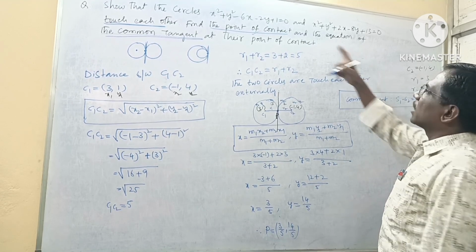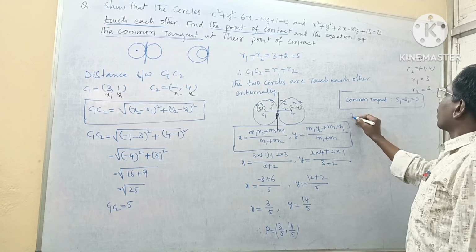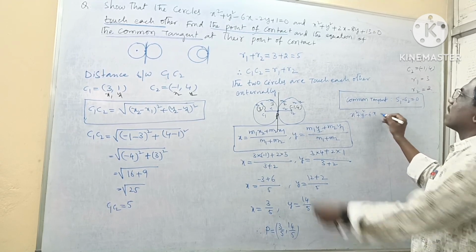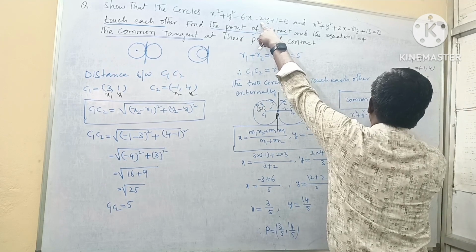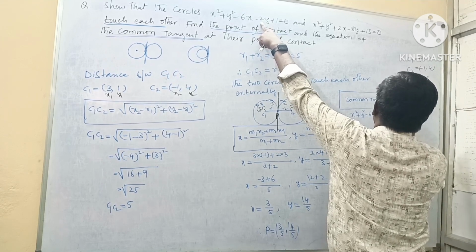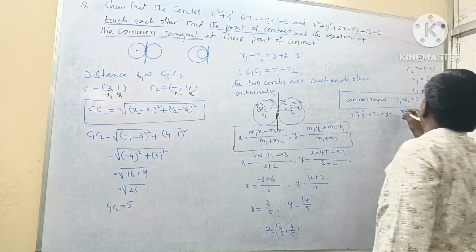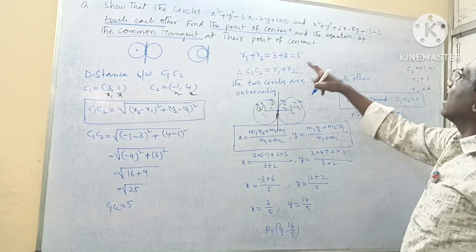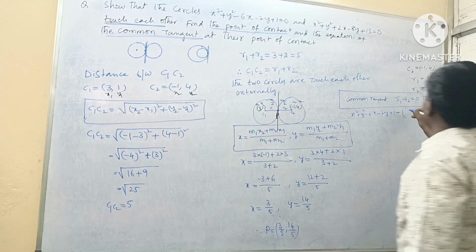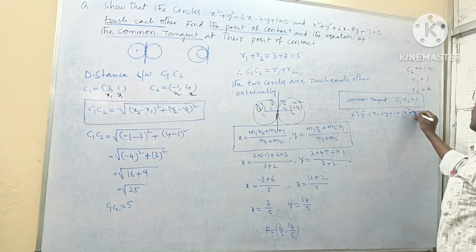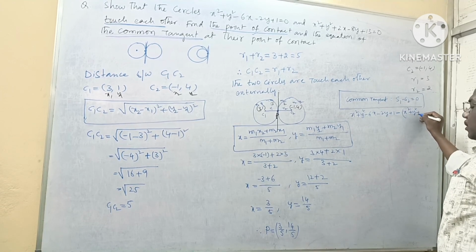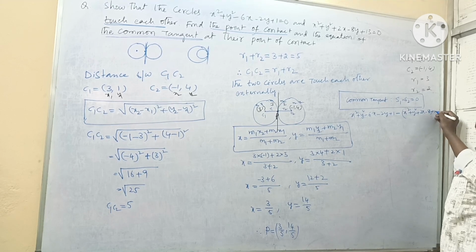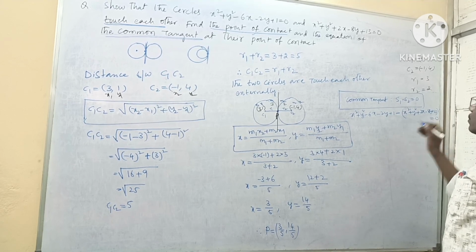What is S1? S1 is the first circle: x square plus y square minus 6x minus 2y plus 1, and minus S2. S2 is the second circle here: x square plus y square plus 2x minus 8y plus 13 is equal to 0.